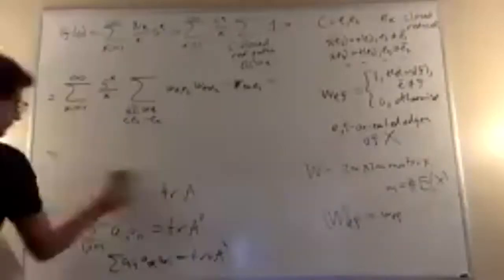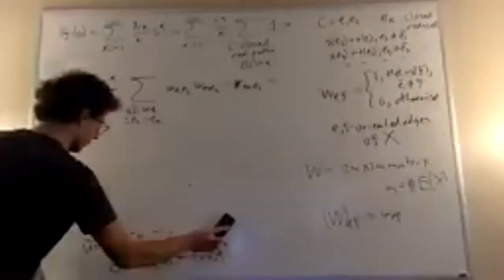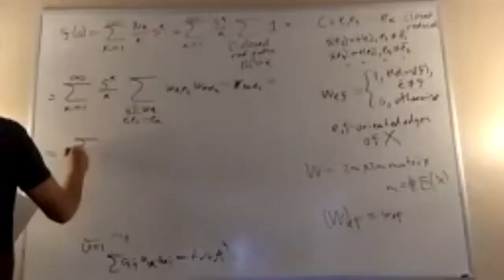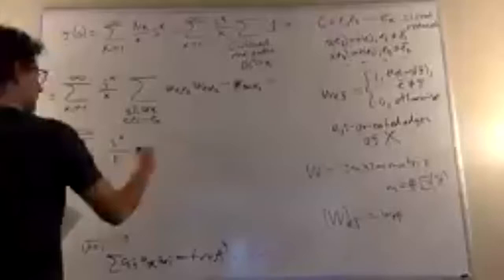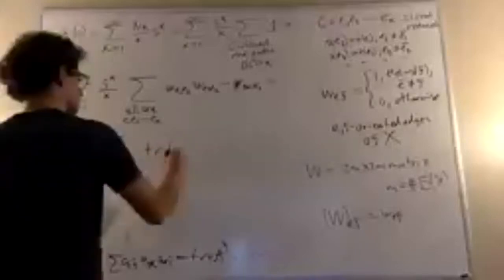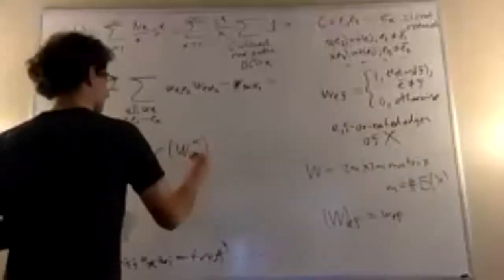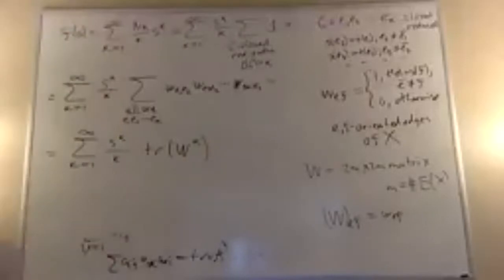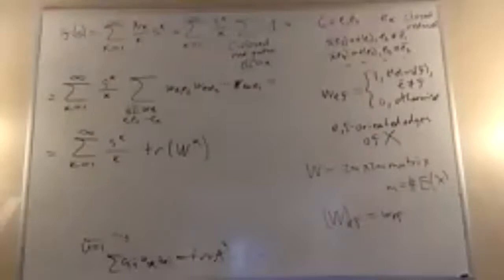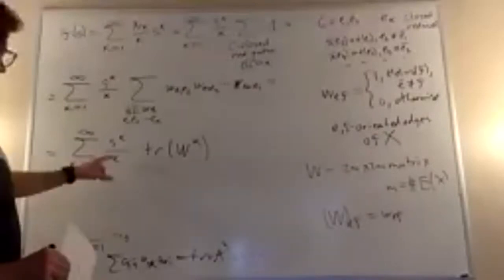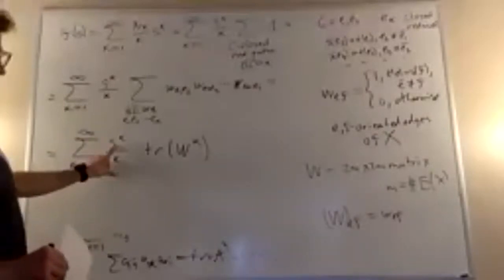So we have a very simple formula. This is the sum, k equals 1 to infinity, s to the k over k, times the trace of W to the k. That's just some slightly advanced linear algebra. And now it gets better and better. I have an s to the k here, which I can pull inside this trace.